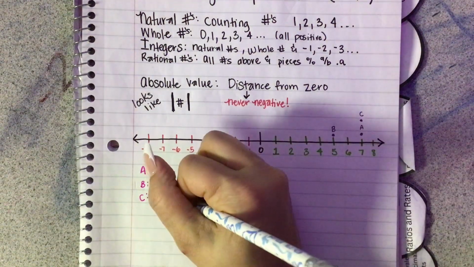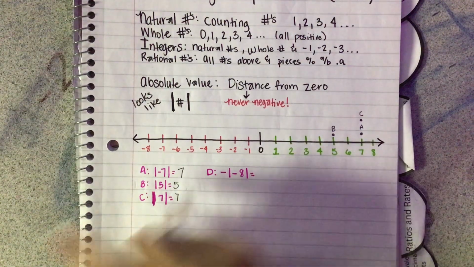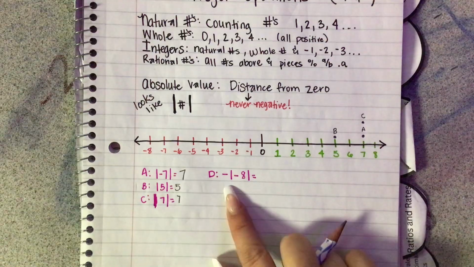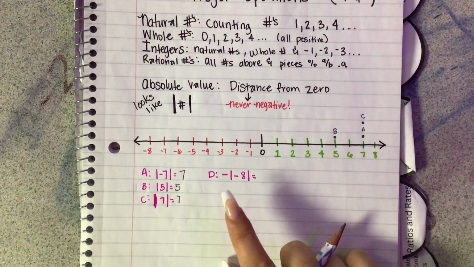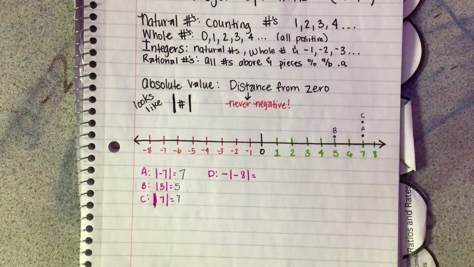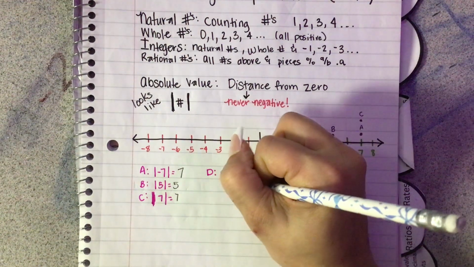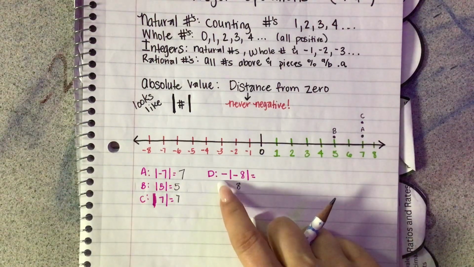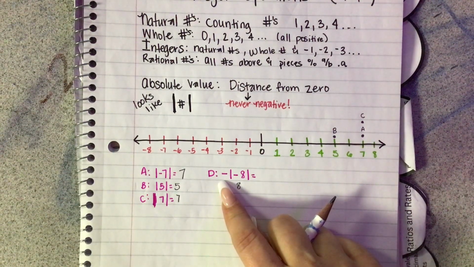So -7 and 7 are the same thing when we're talking about absolute values. Now remember, D was that special circumstance. What is the absolute value of -8? 8, right? The absolute value is 8. But this negative sign that's outside the absolute value is treated just like order of operations.